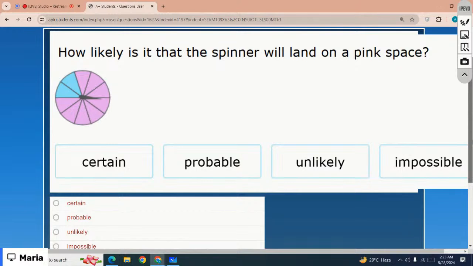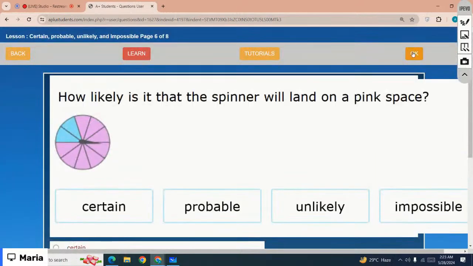The correct option is not certainly, because not all the spinner is pink, but most of the portion is pink. It is then probable. The correct option is probable.